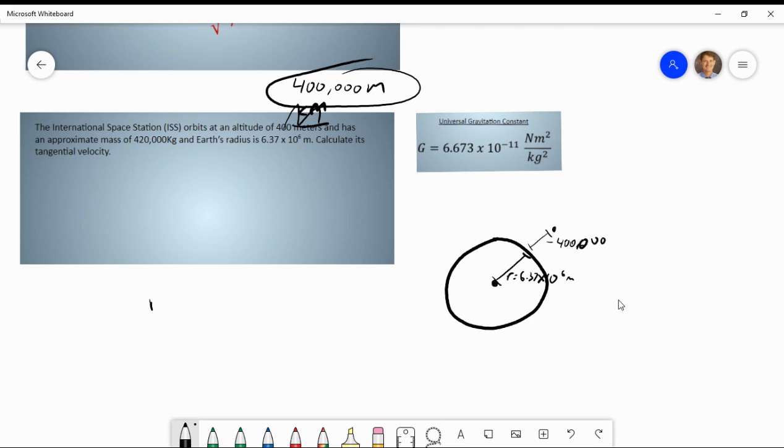So the radius between the center of the Earth and the actual satellite is 6.37 times 10 to the 6 meters plus 400,000 meters. Okay, that's an important thing to know.